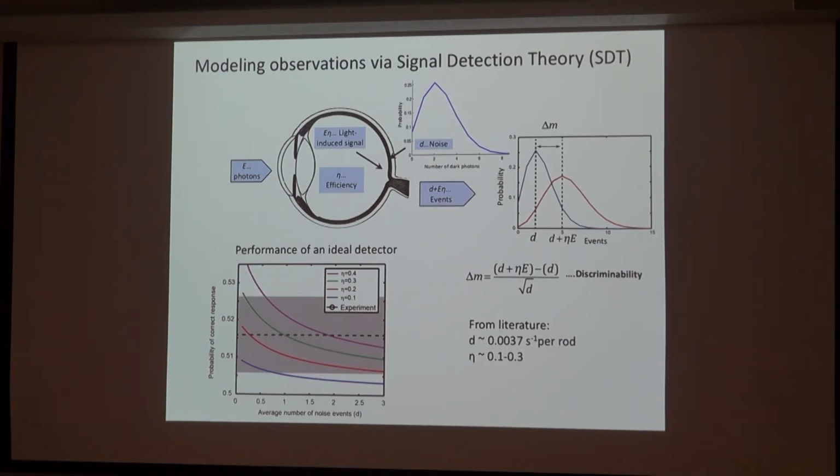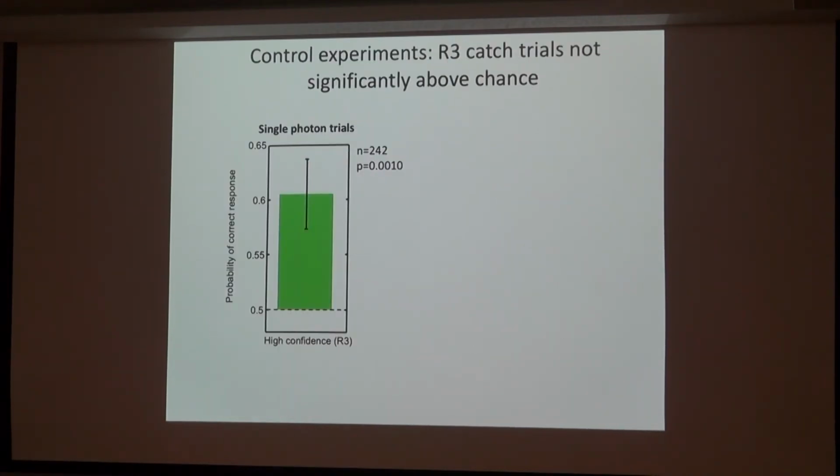In many cases, we end up with empty pulses, basically cases where no idler photon is detected in the camera. We can use those cases as catch trials, trials in which we know a priori that no photon was sent to the subject's eye. So we would expect this effect to vanish, and this is what we observed.